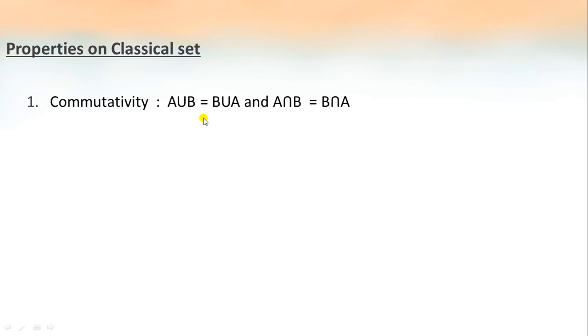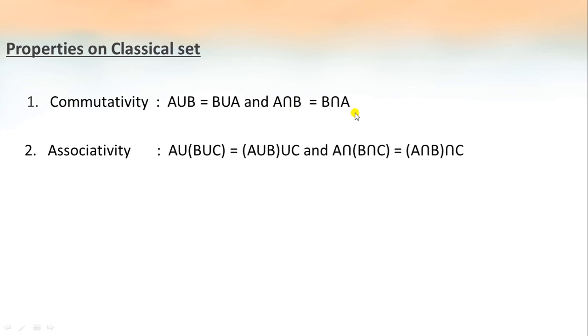Next are the properties of classical sets. First property is commutativity, which means A union B is the same as B union A, and A intersection B equals B intersection A. Next is associativity.